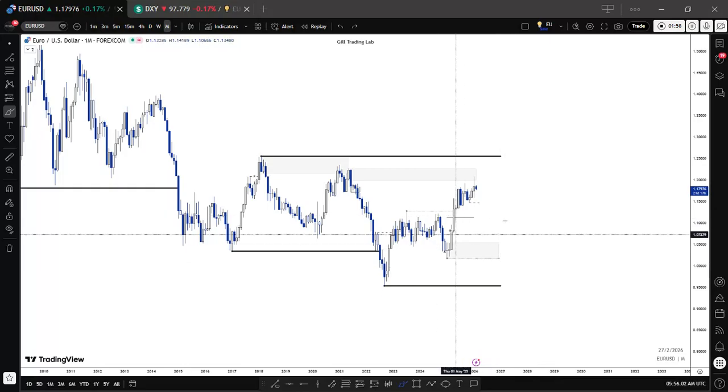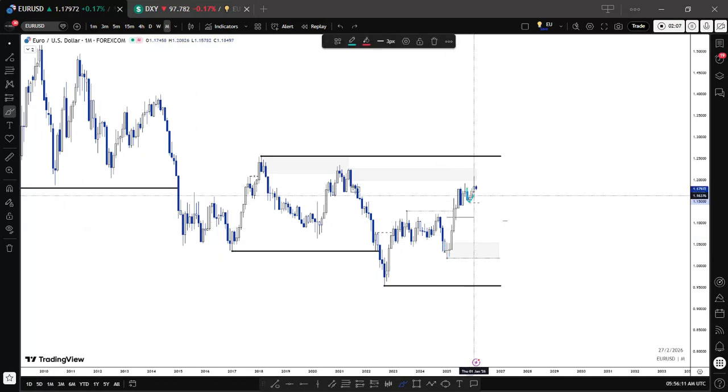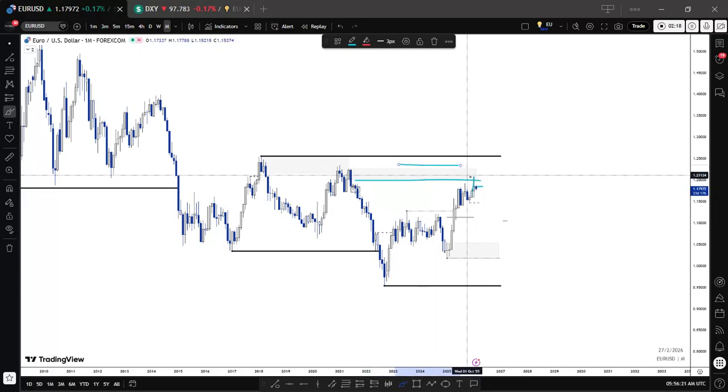From the way it was formed, even if we check this one here, the sell to buy took a lot of time before the momentum even kicked in. And even when the momentum kicked in, we can see price tapped into the supply, and we can see the large wick.